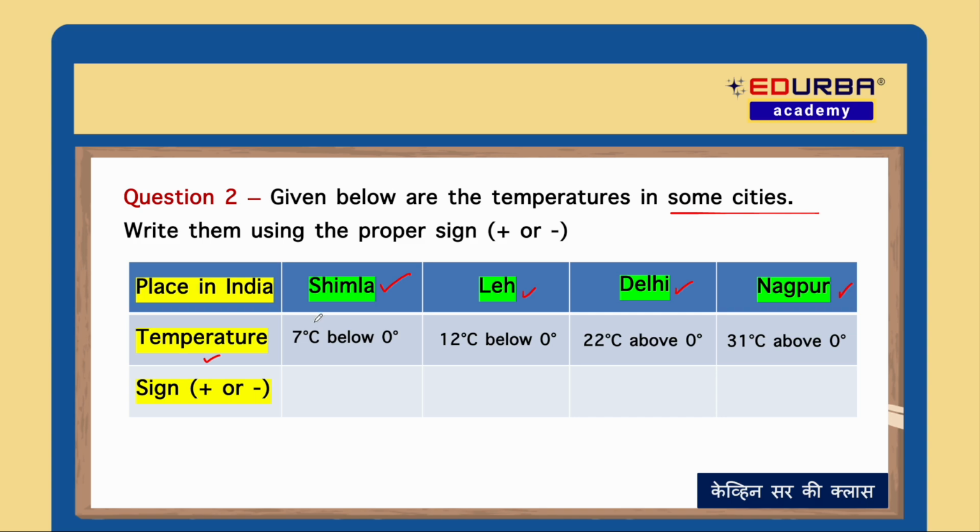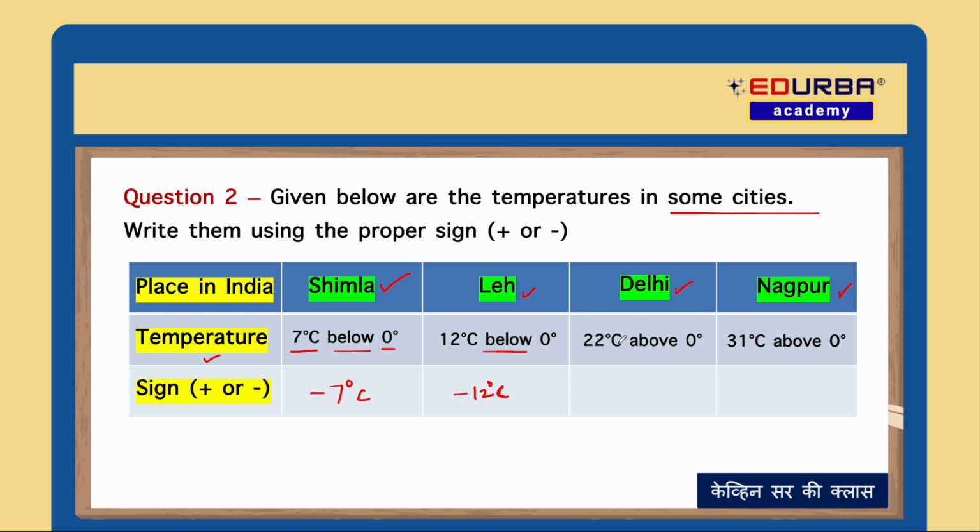So let's understand the temperature in Shimla. 7 degrees centigrade below 0 degrees centigrade means this temperature is below 0, and that's why we have a minus sign, and then we can show 7 degrees centigrade. So -7 degrees centigrade also means 7 degrees centigrade below 0 degrees. Similarly, we have 12 degrees centigrade below 0 degrees in Leh, and this is also below. That means we have to show -12 degrees centigrade.